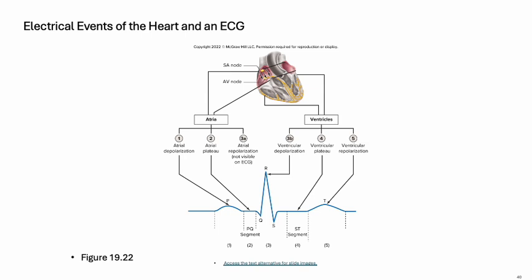So depolarization, plateau, and repolarization for each of those. And remember that atrial repolarization is not seen on the EKG, because it's happening at about the time you have your QRS complex. So it's just being overshadowed, essentially, is how you can think of that.